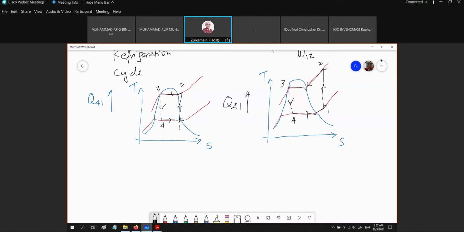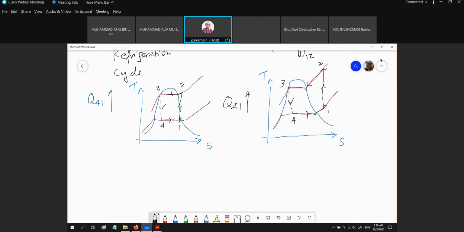Okay? So this is the second method whereby we are going to increase the cooling effect, which is to increase the change in enthalpy at the evaporator side. Okay? Next, we are going to move the point 3.